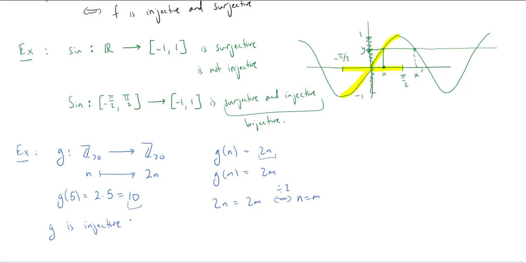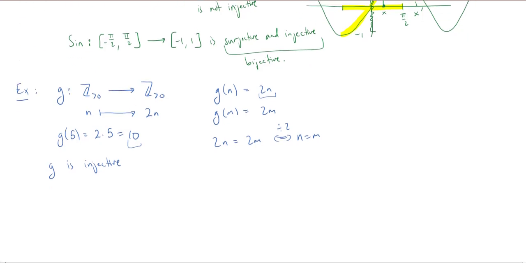Okay, is it surjective? Well, to be surjective, every positive integer has to have a preimage. Well, what do you double to get 7? Well, you could double 7 halves, but 7 halves isn't an integer, so we can't use that. So in fact, there is no positive integer that you can double and get 7. So 7 has no preimage, and therefore g is not surjective.